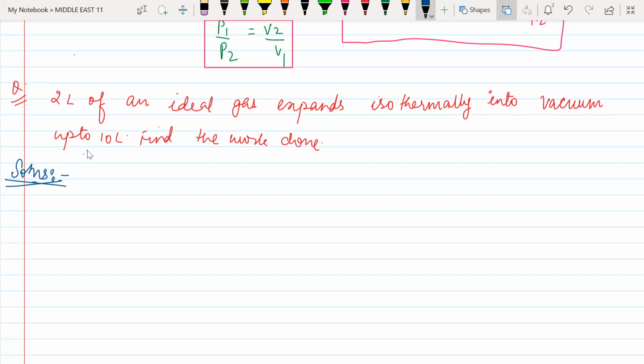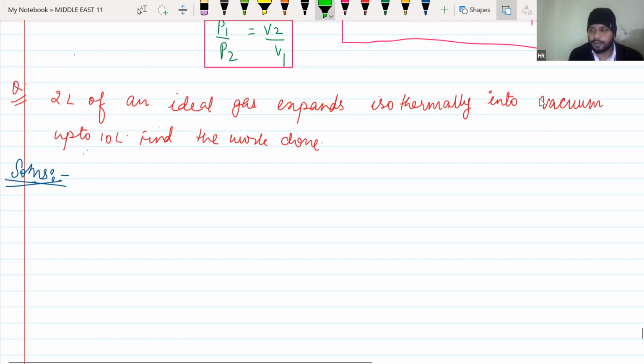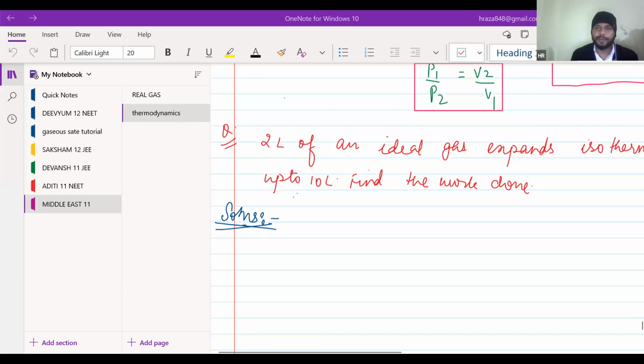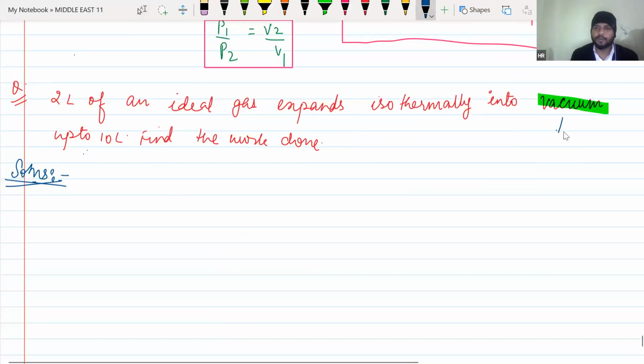So please, can you tell how to solve this? This is very easy. What it is talking about is vacuum, and in vacuum P external equals 0. Wait a minute. In vacuum, P external is equal to 0, and if P external equals 0, what will be the work done? So Krishna? 0.